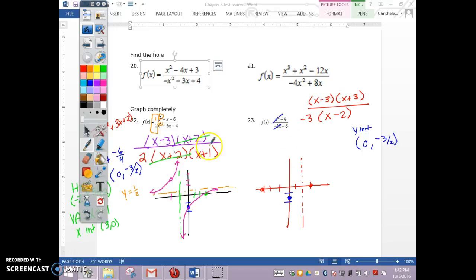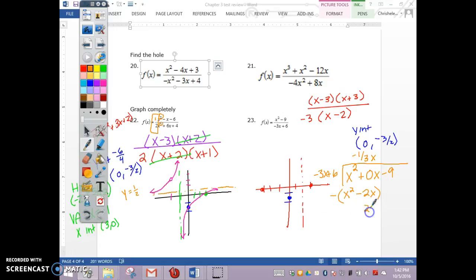All right, slanty time. So the slant asymptote comes from the numerator being bigger than the denominator. So I'm going to, again, do the long division, putting a 0 in for a placeholder. How many times does negative 3x go into x squared? That would be negative 1/3 x times.